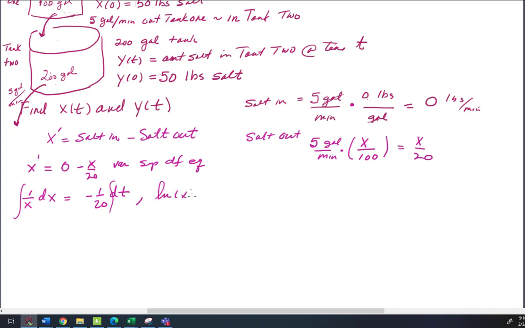natural log x is equal to negative 1 over 20 t, and I think I'll just put the t up here, plus a constant.